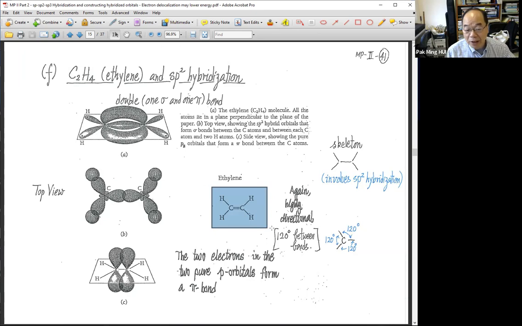You have two carbons, and at a certain angle, each carbon is bonded with two hydrogens and with the neighboring carbon. There are two lines in the middle, so this is a double bond. This is the chemist's picture.